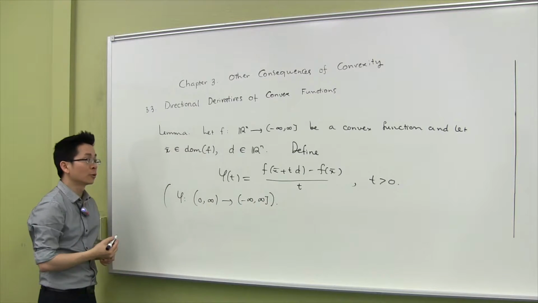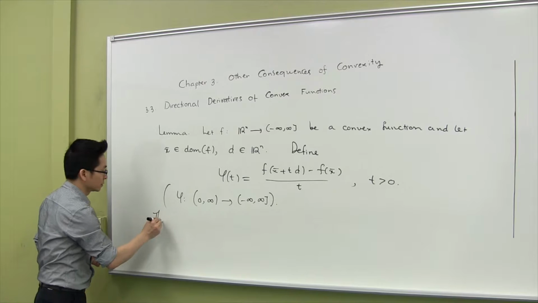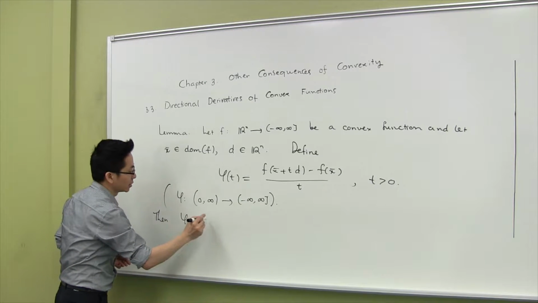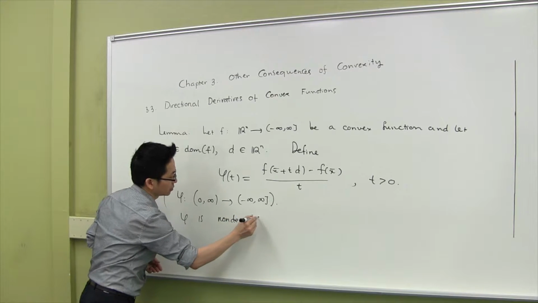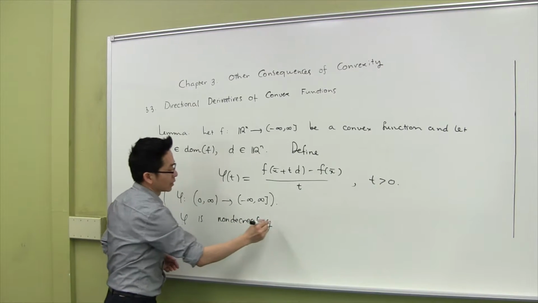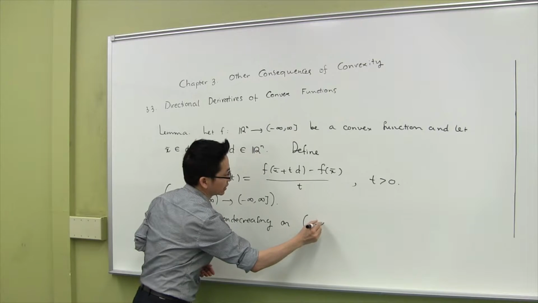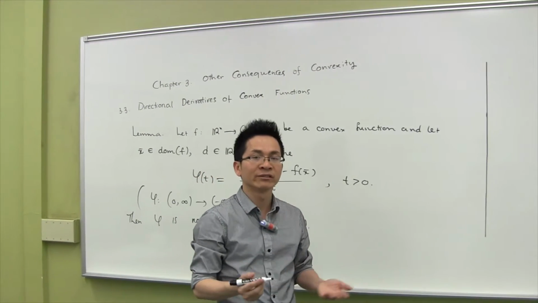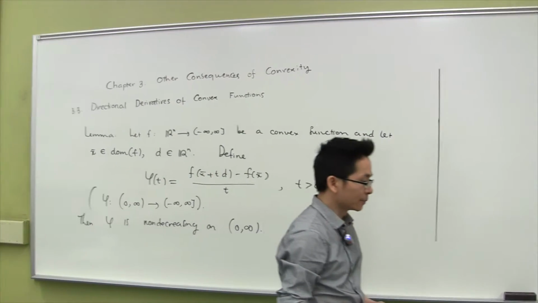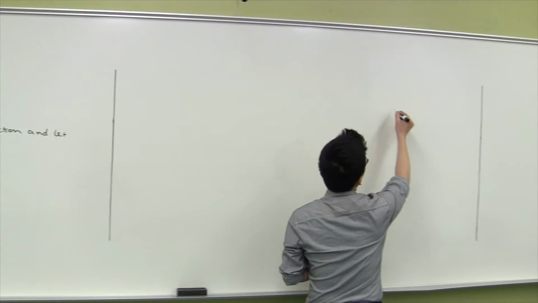Okay, the conclusion is then phi is non-decreasing on 0 to infinity. Okay, so to see the behavior of the function phi, let's look at a graph.